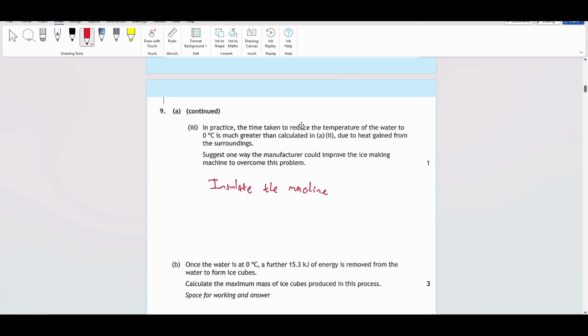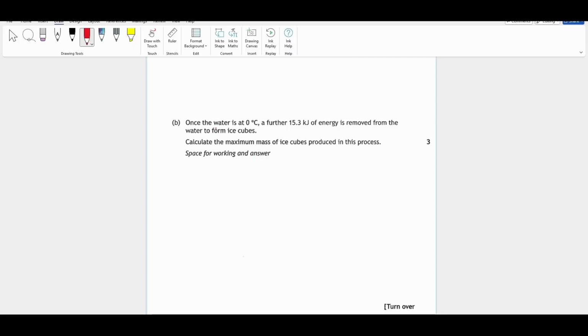So part b says once the water is at 0 degrees Celsius, a further 15.3 kilojoules of energy is removed from the water to form ice cubes. Calculate the maximum mass of ice cubes produced in the process. So here we use the formula E equals m L. And be careful for which L value you use because here we are changing from liquid to solid.